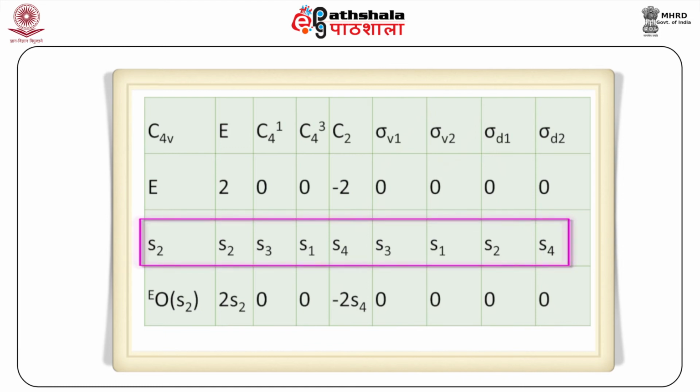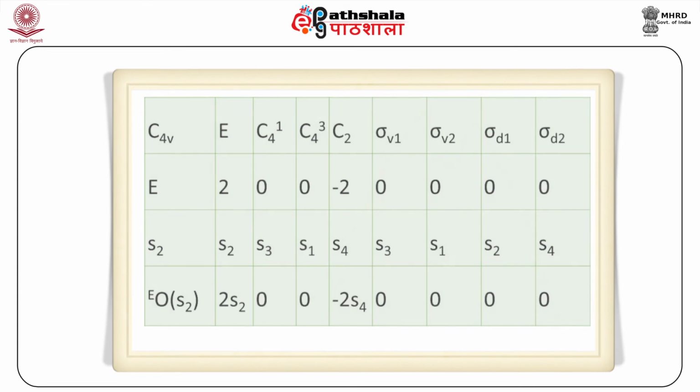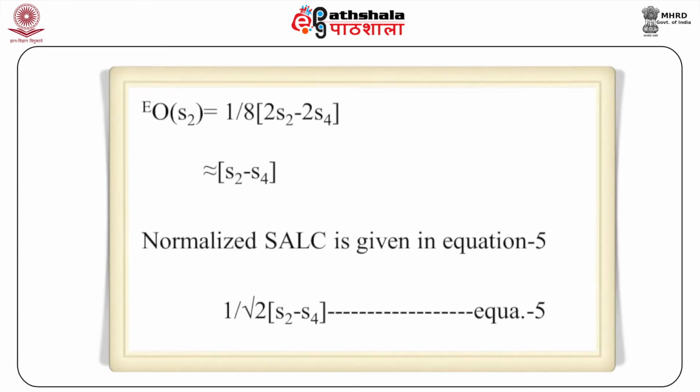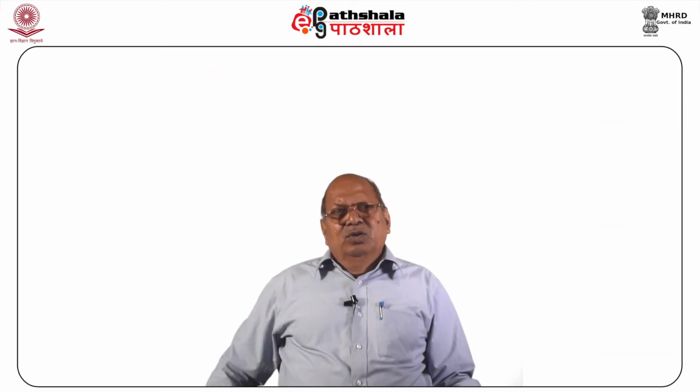S2 goes as S2, S3, S1, S4, S3, S1, S2 and S4, and the results are summarized again in equation 5, that is we are getting here 1 upon root 2 S2 minus S4. Let us now take the S3 function and take the projection operators corresponding to again A1, B2 and E symmetry.